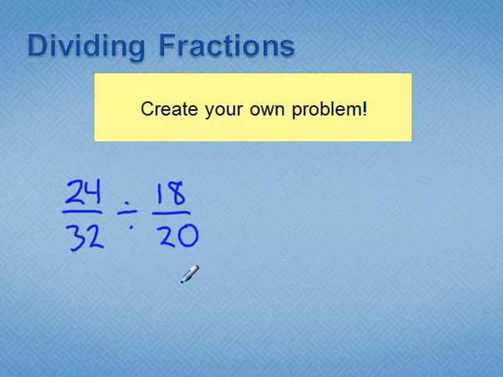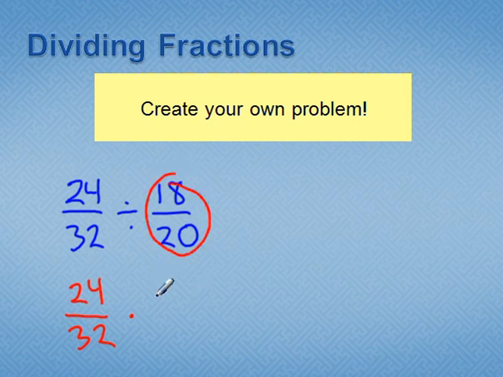All right, welcome back. So remember, to divide fractions, dividing is the same as multiplying by the reciprocal. So let's change this problem into, let me switch pen colors, instead of 24 over 32 divided by 18/20ths, we're going to do 24 over 32 multiplied by the reciprocal of 18/20ths. So instead of division by a fraction, we're multiplying by its reciprocal.